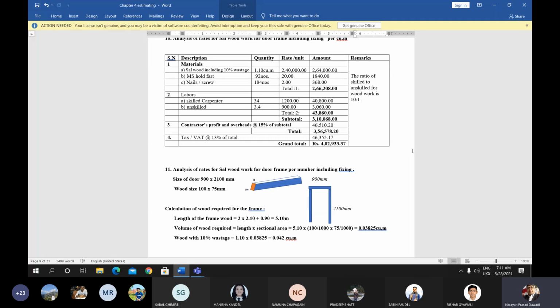The size of the wood means the cross sectional area. The width of the wooden member may be 100 mm, and the thickness of the wooden member may be 75 mm.